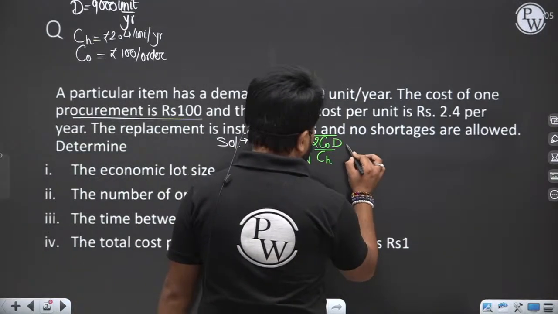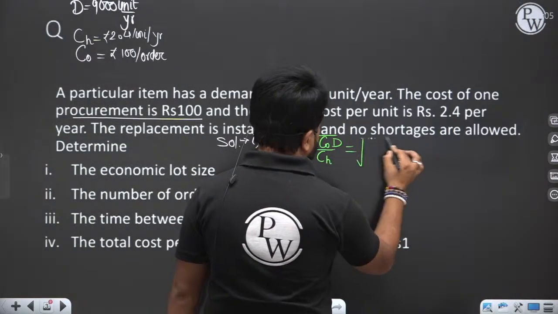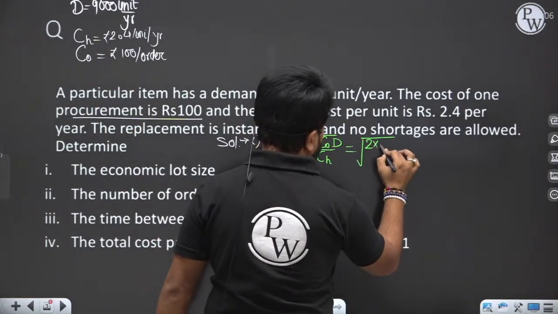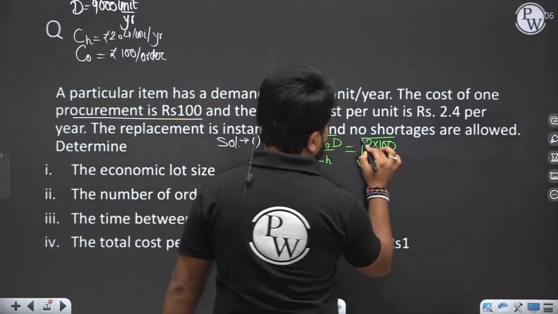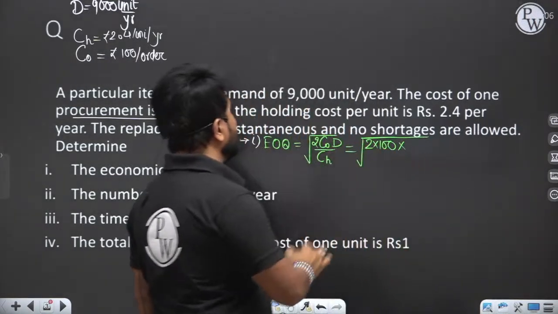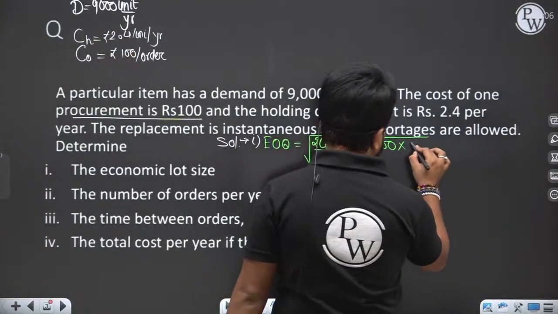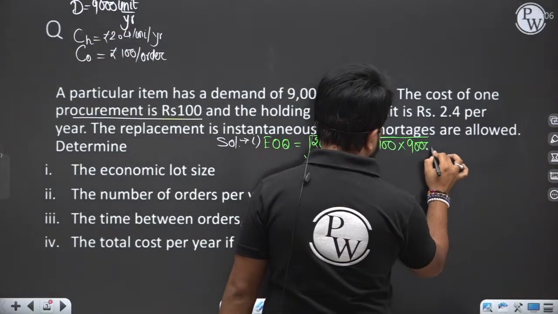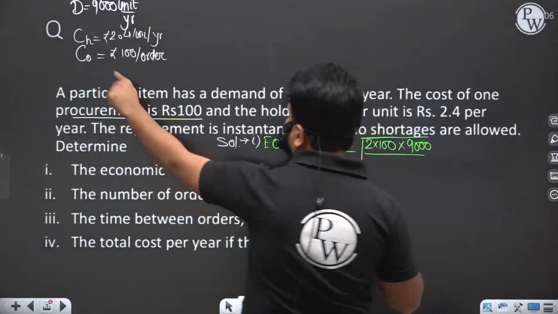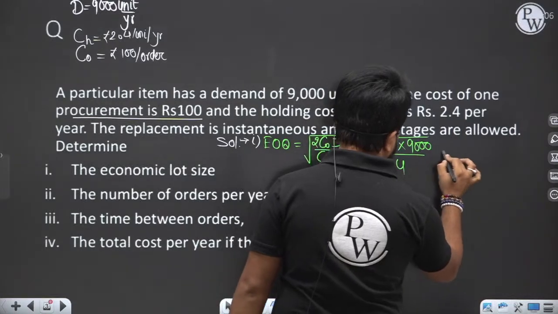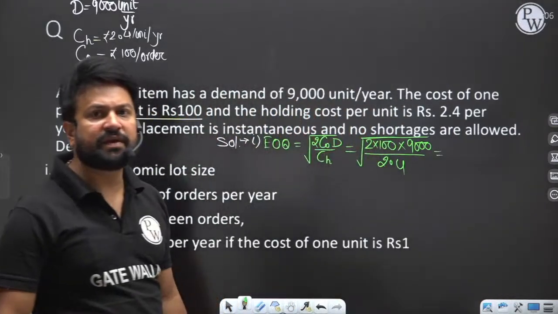So C naught is 100 rupees, and demand is 9,000 units per year, divided by CH, which is 2.4. When you solve this, you will get how much?